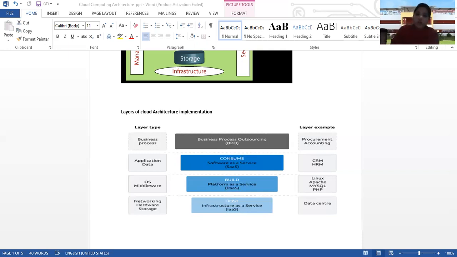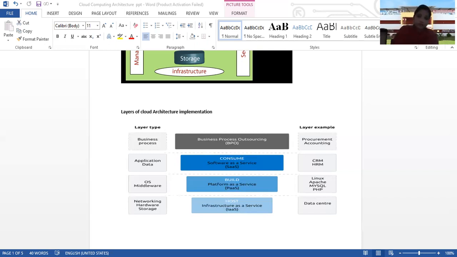A well-known example of PaaS is Microsoft Azure. The platform provides developers with swift access to a full development and deployment environment, and even lets you host the applications you are building.